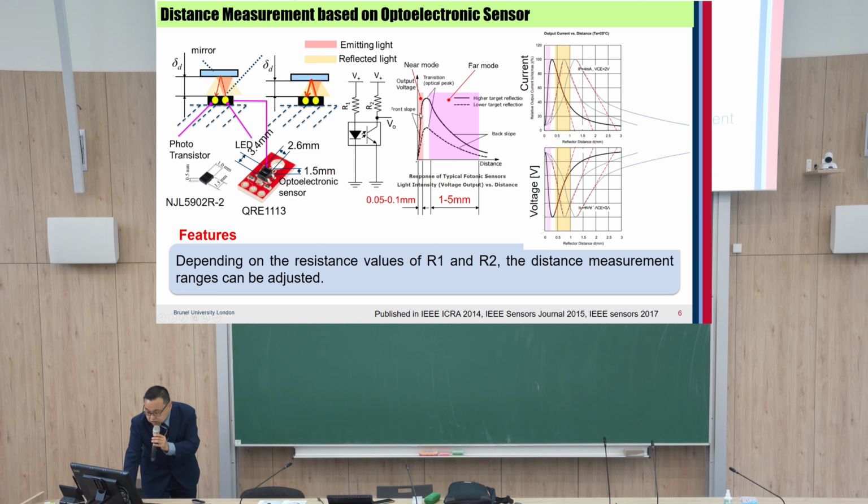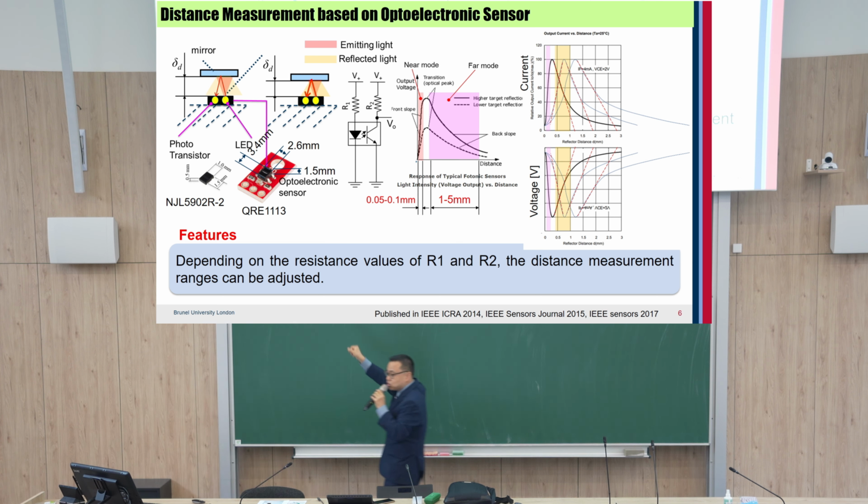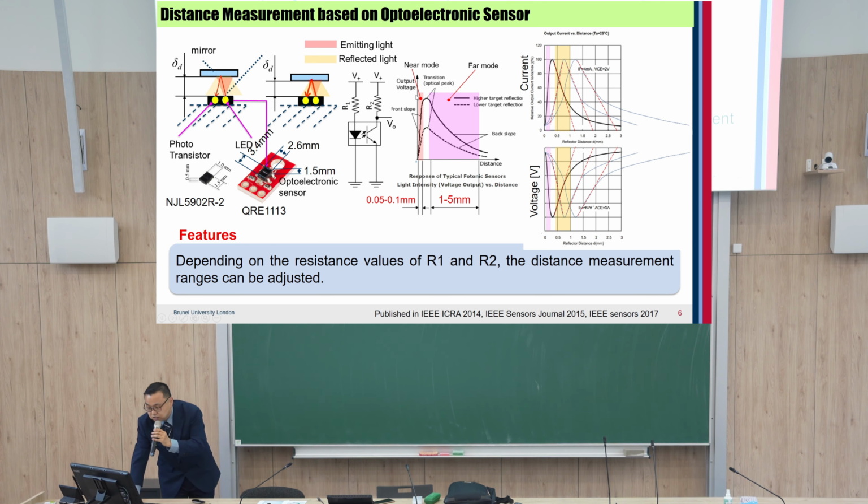Now here you have to see why there are two measurable range areas. You can see one measurable area is purple. Maybe this is the red color. This is the very short range of measurement, and the other one is the purple area.